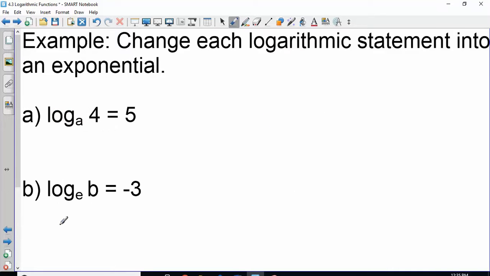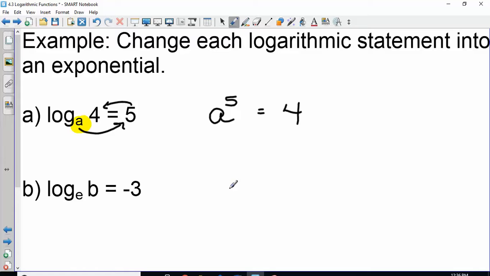Next one, we're going to go the other way. So I'm going to give you the log, and we are going to write the exponential. You have to start at the base. So my base is a, so that means a to the 5th power equals 4.